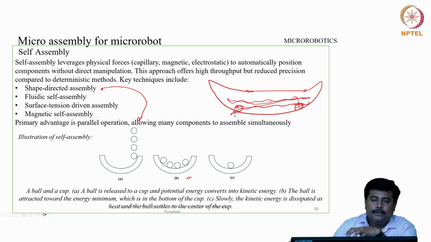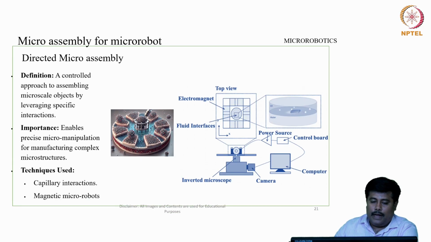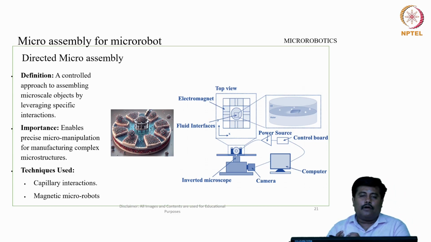Most important, since the overall process is controlled with reference to shape, fluid, surface tension and magnetic fields, it is easy to automate this system to get the required assembly models.